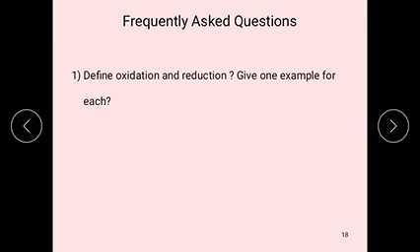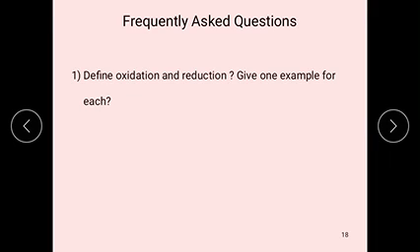Oxidation is the process of removal of electrons from an atom, ion, or molecule. It is also the process of addition of oxygen to an atom, ion, or molecule.